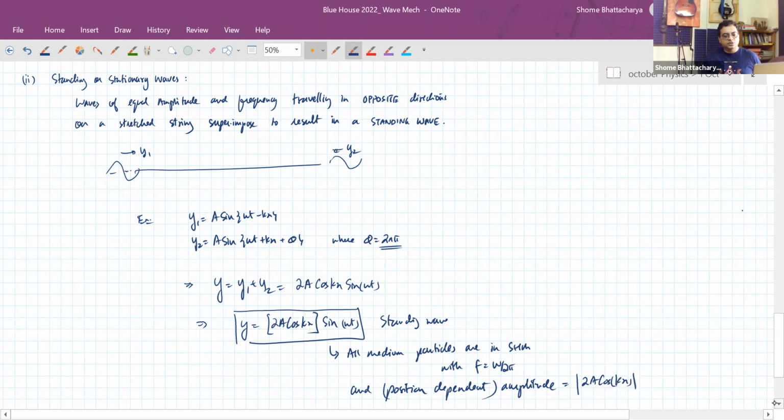So depending on the position of a given particle, cos kx mod can be anything between 0 and 1. So the amplitude can be anything between 0 and 2a. And we also saw that this wave pattern is not the equation of a traveling wave. So it does not represent a traveling wave. In fact, by looking at the snapshot pictures at various different times, we saw that it's what we call a stationary wave.